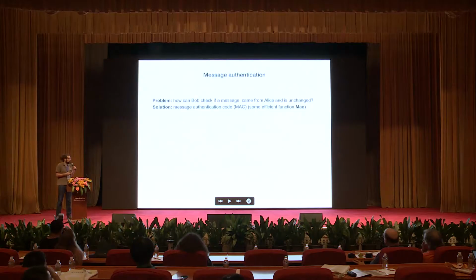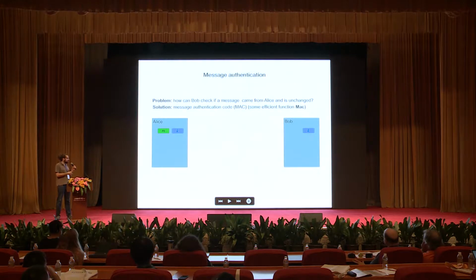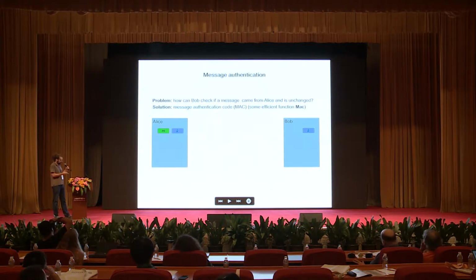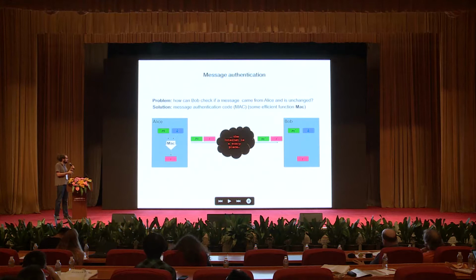The solution in classical cryptography for this problem is a so-called message authentication code. That's some efficient function MAC, and this is used in the following way. Alice and Bob start out sharing a secret key K, and Alice sends an encoded message in the following way. She calculates the value of the function MAC with input M and K, which is T, a so-called tag, and then she sends the message and the tag through the internet.